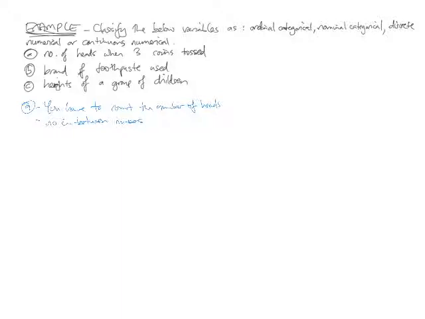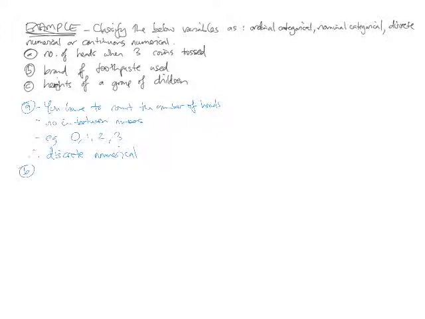So the lowest number of heads you could get, well, I'm sorry, the lowest number of heads you get would be 0, because you can get 0, and the highest number of heads if all the coins were heads, so 1, 2, 3. So this would therefore be discrete numerical, because it can only take very specific number values.